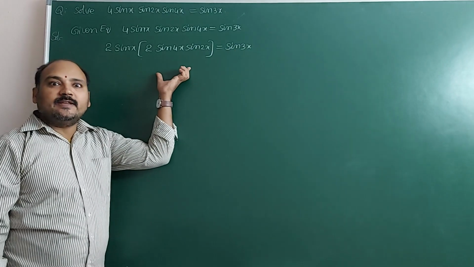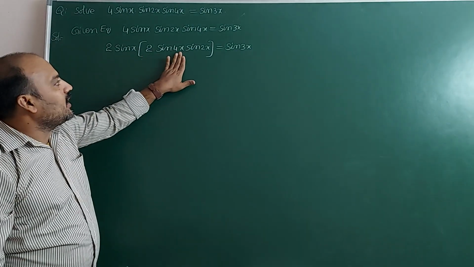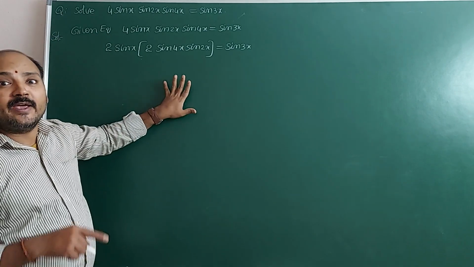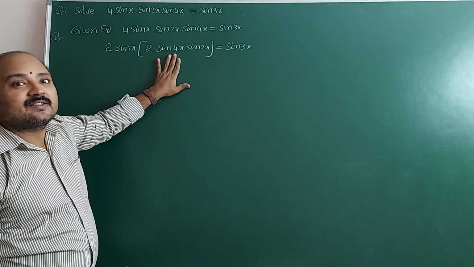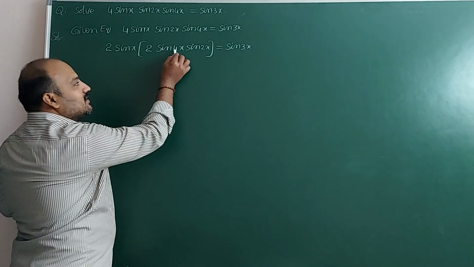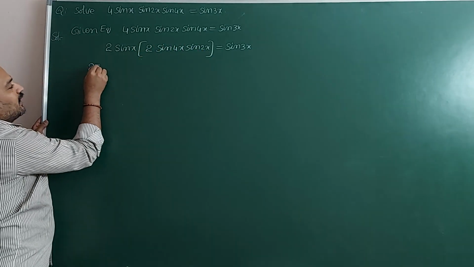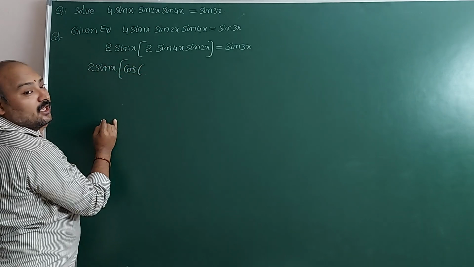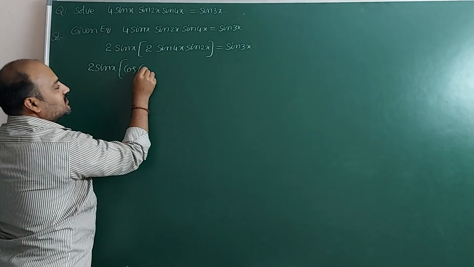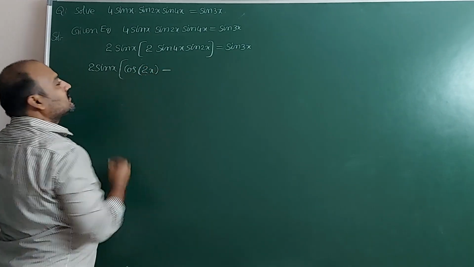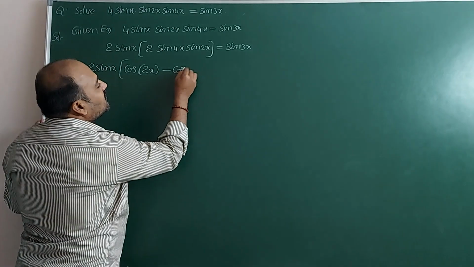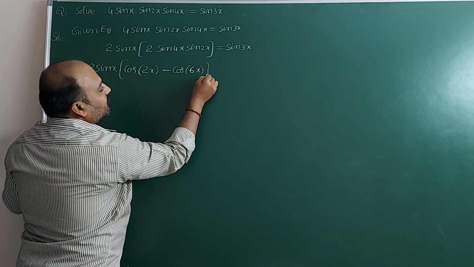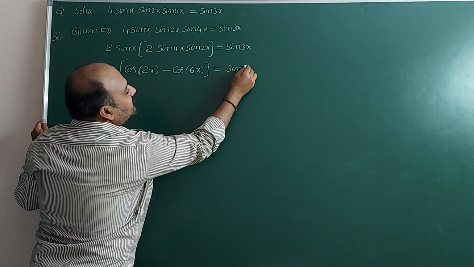This bracket value is of the form 2 sin A sin B, which means cos(A − B) minus cos(A + B). So this is A, this is B. So 2 sin x, bracket, cos(A − B), that is cos(x − 2x)... minus cos(A + B), 4x plus 2x, 6x, is equal to sin 3x.